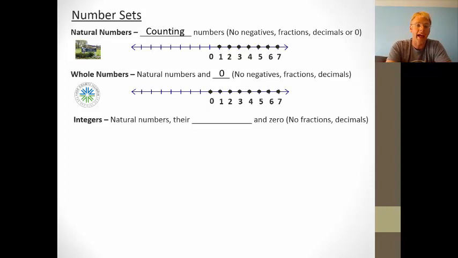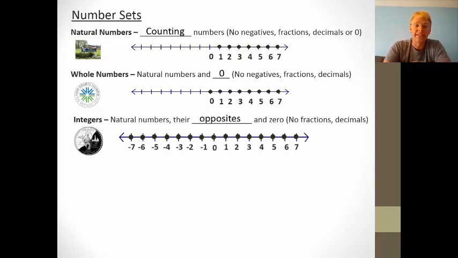Now, the integers are the natural numbers. We can see them being built in. They're opposites and 0. So as we look at our number line here, now we see a lot more options. We still have our 1, 2, 3, 4, 5, 6, 7 up to infinity. Now, though, we have the opposites of those numbers, -1, -2, -3, all the way down to negative infinity, and we are including 0.